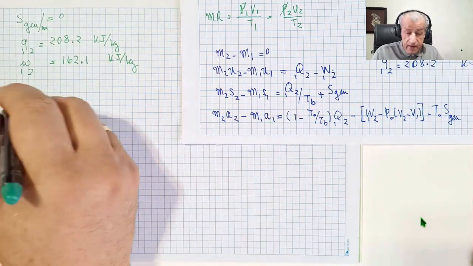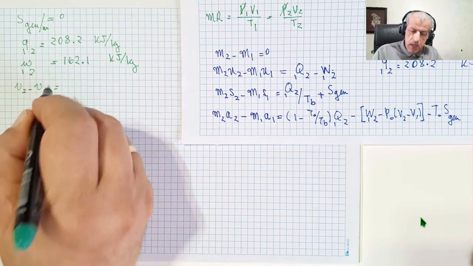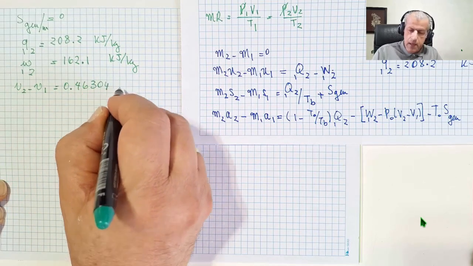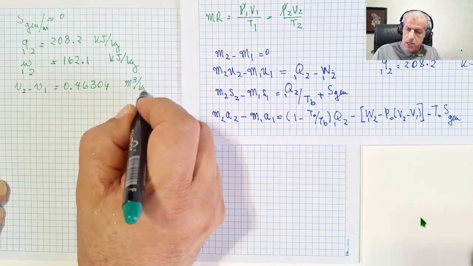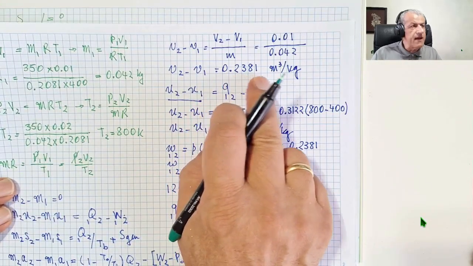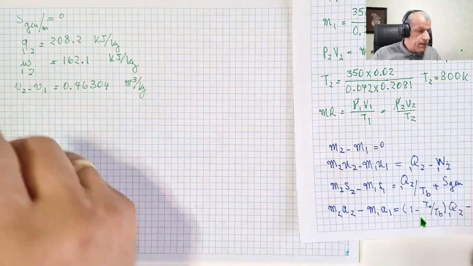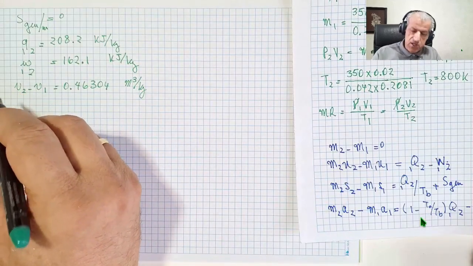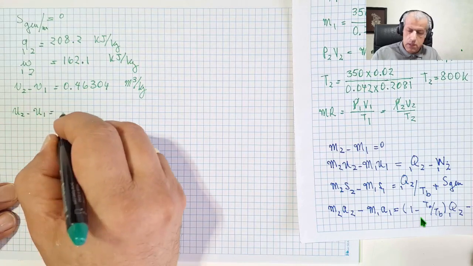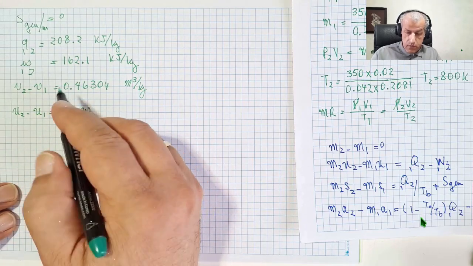For example, we have already calculated that V2 minus V1 equals 0.46304 cubic meters per kilogram. Previously, for V2 minus V1, we had the value of 0.2381.